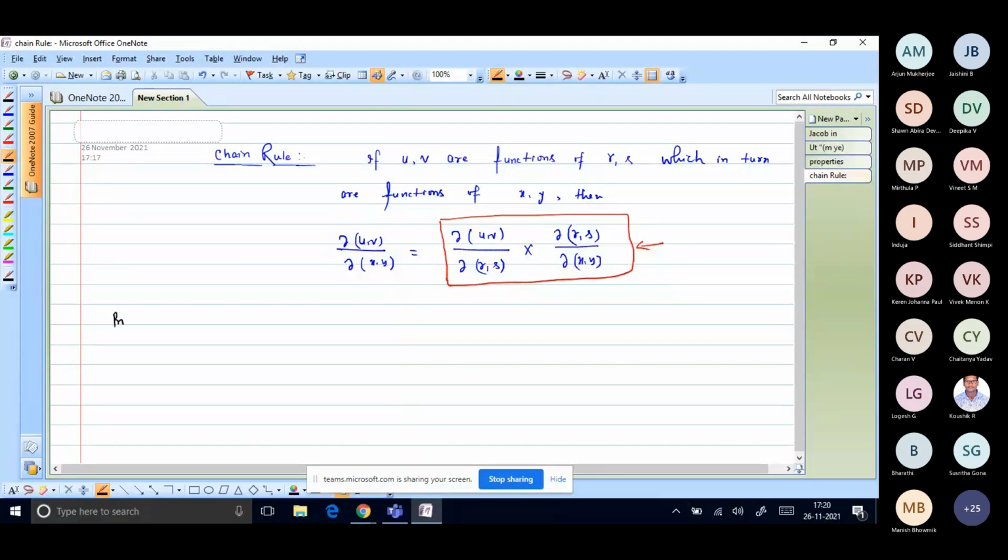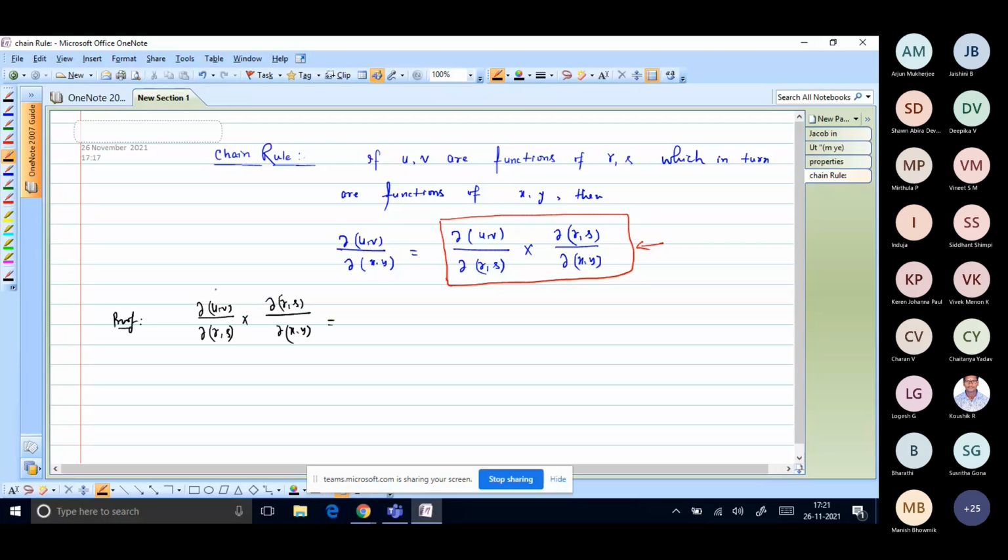So I will start my proof with the right hand side. Del(u,v) upon del(r,s) means the Jacobian of u, v with respect to r, s, multiplied by the Jacobian of r, s with respect to x, y.